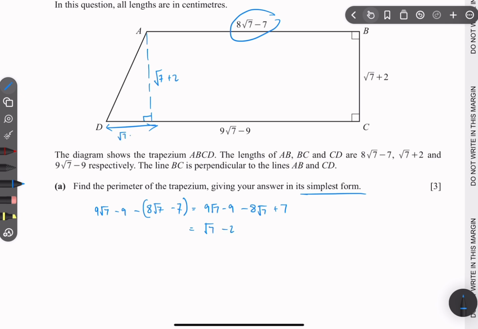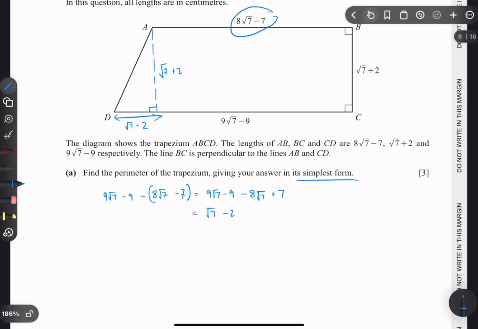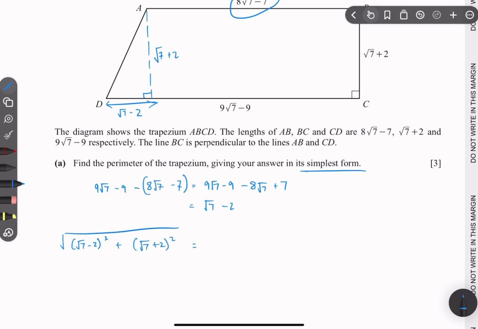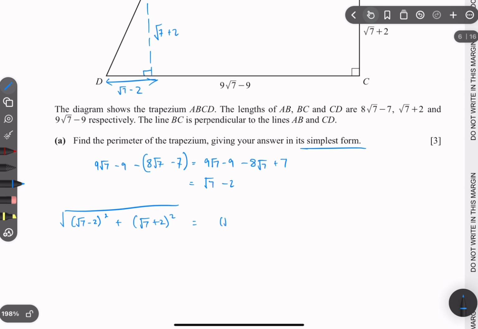So this part is root 7 minus 2. And now we just use Pythagoras theorem to get the hypotenuse. So expand first so that it's easier to see.